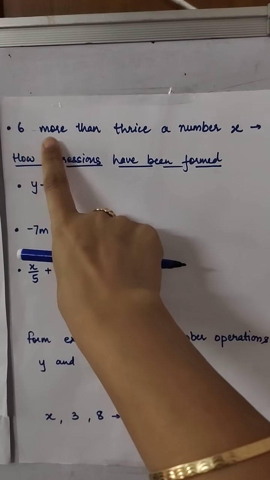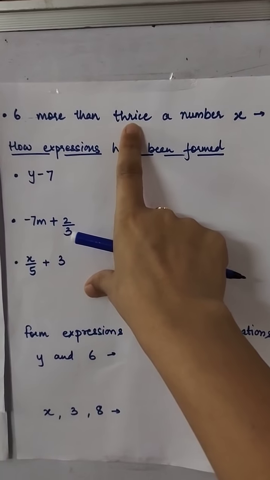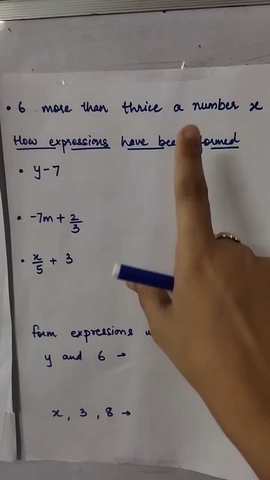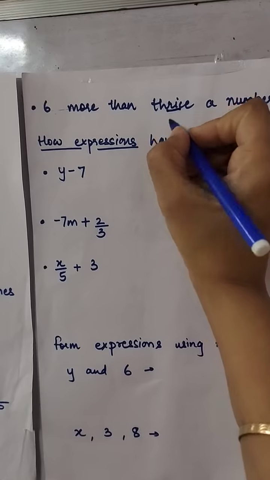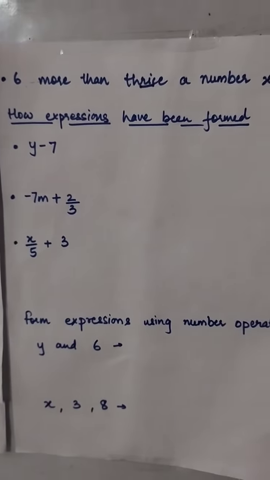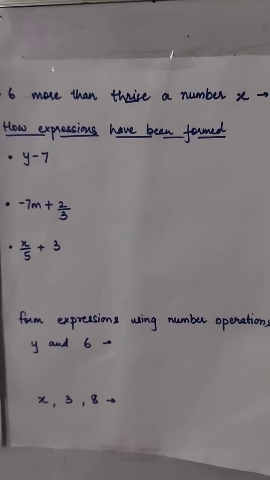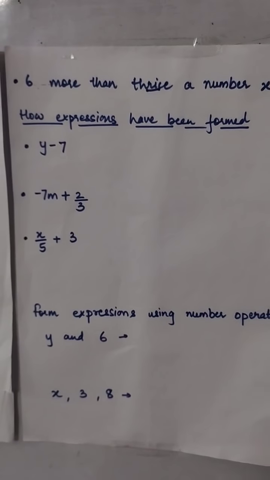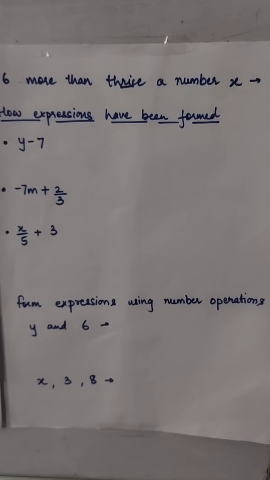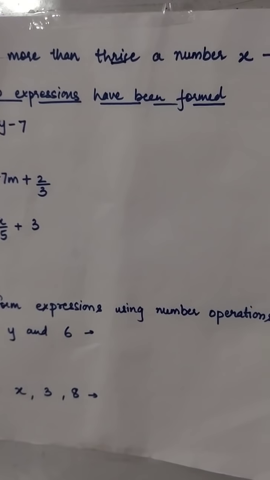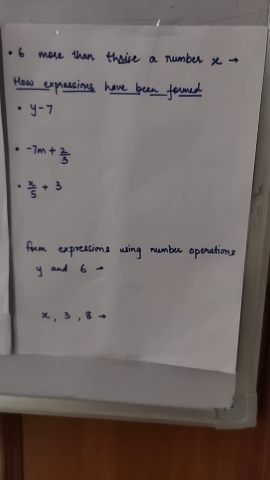They are saying 6 more than thrice a number x. There is one more very important term, that is thrice or twice. When we say twice, we are doing it 2 times, we are doubling it. When we say thrice, it's 3 times. So 6 more than means we are adding.